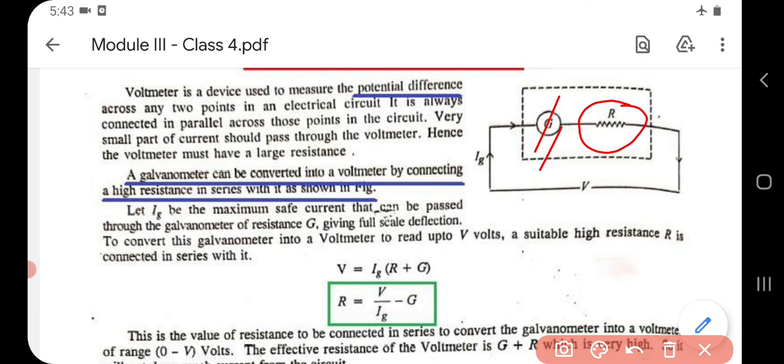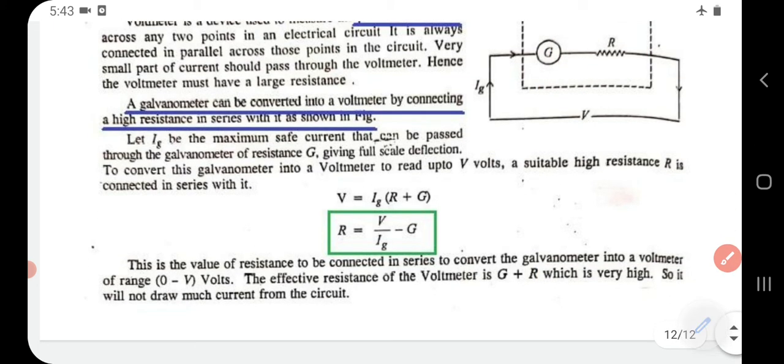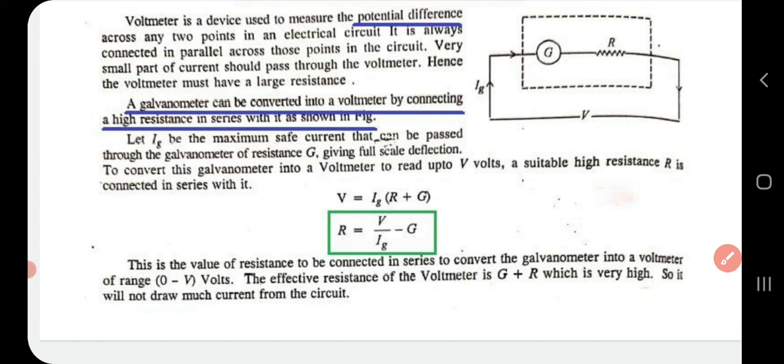Now as explained before, let Ig be the maximum current that can be passed through the galvanometer of resistance G, and to convert this into a voltmeter, a high resistance R is connected in series with it.